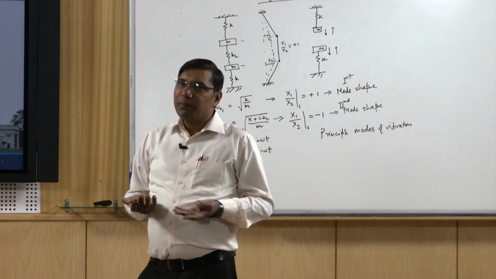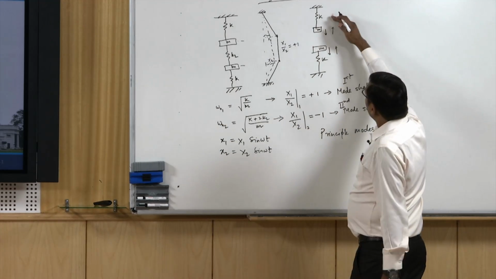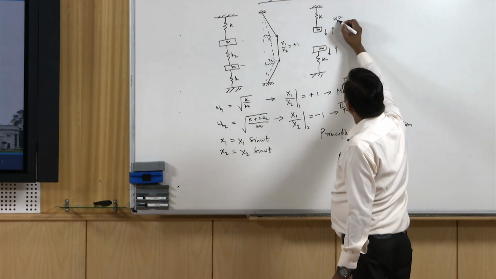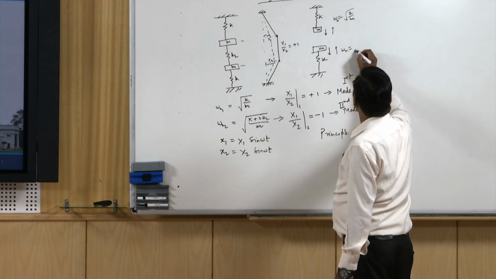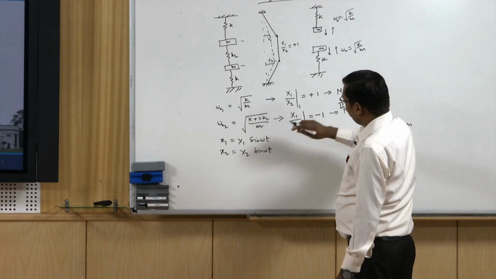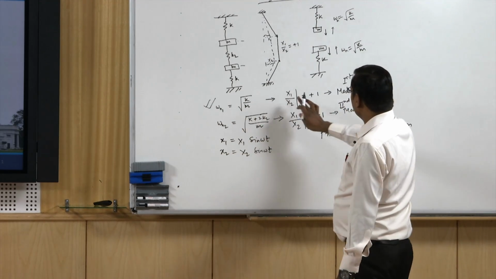They can vibrate independently with the same natural frequency, and you see the natural frequency here, omega n equal to root k by m, and here also omega n equal to root k by m, and that is why this first natural frequency is root k by m.